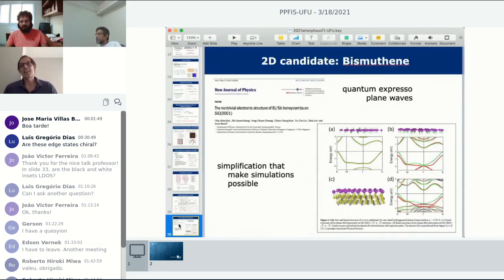And then this is what we have been doing the last 2 years, trying to find candidates, at least in 2D, for realizing topological insulators in an amorphous phase. And what are the main characteristics for that?